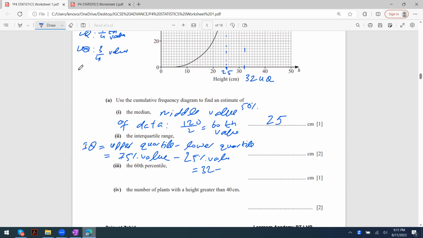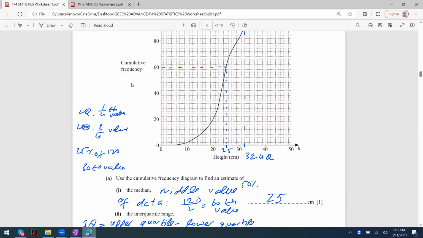Now, what is 25% of 120? That should be 30. So read the 30th value. Go there.